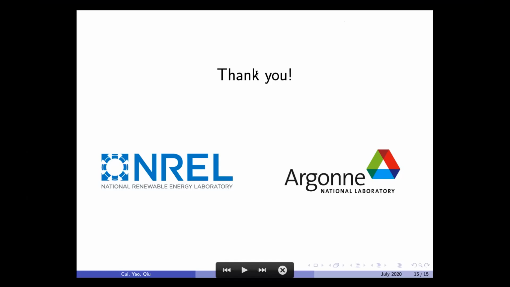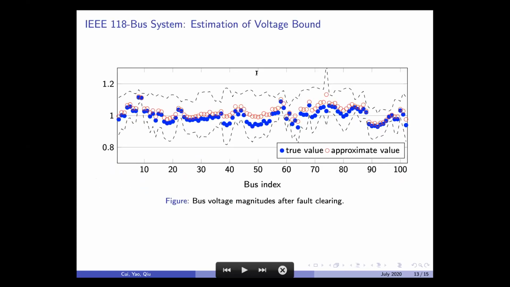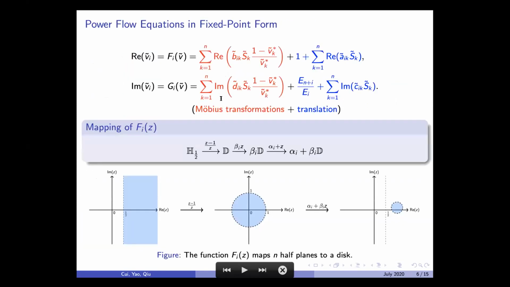Okay, thank you, Dan. That's a very good question. Actually, in this work, there's no way of knowing whether this is a high voltage solution. In our presentation, we didn't specify that, but as you can see from the slides here, it actually maps the half plane to the disk.